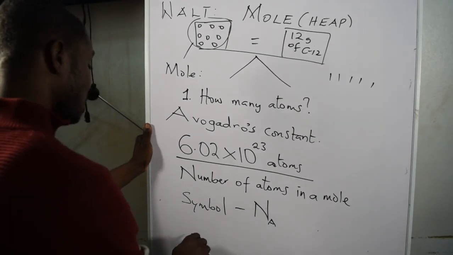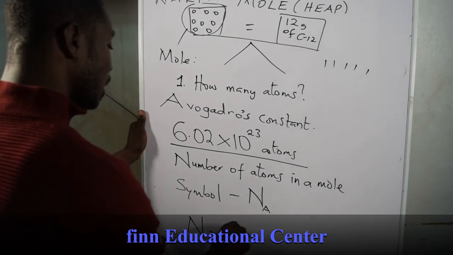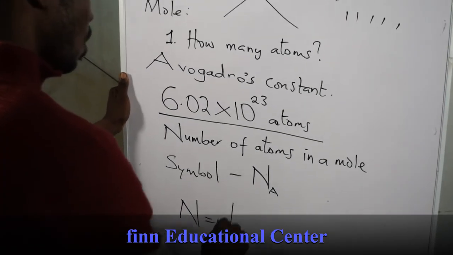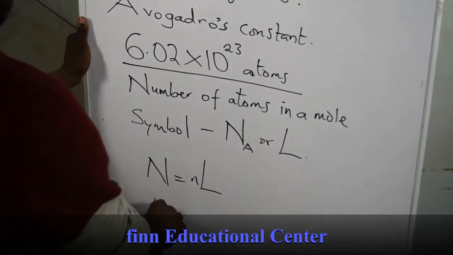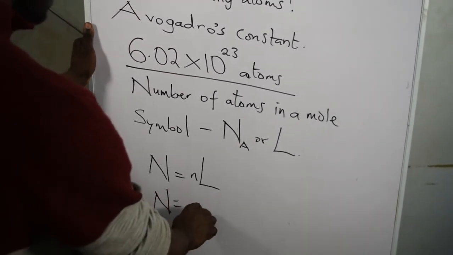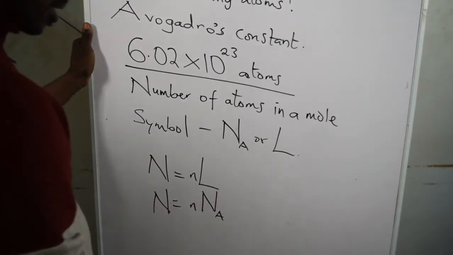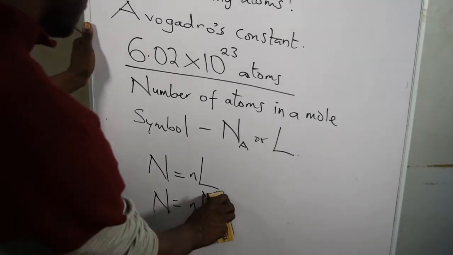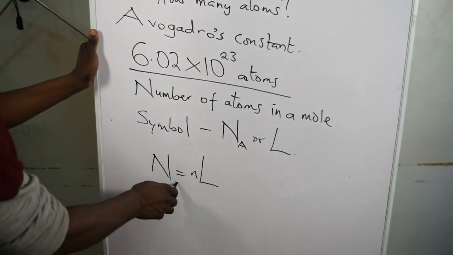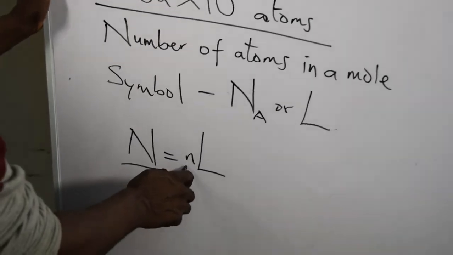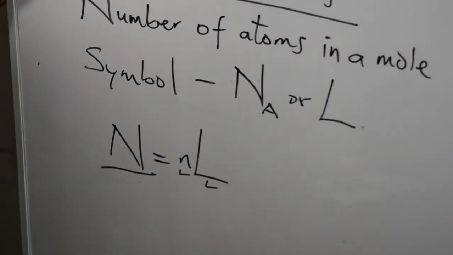The mathematical expression is N is equal to small n times L, but I would prefer the first one. That's quite easy. If you want the number of atoms, you multiply the mole by the Avogadro's constant.